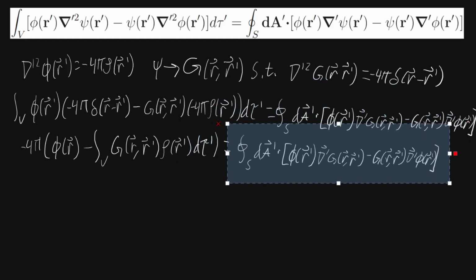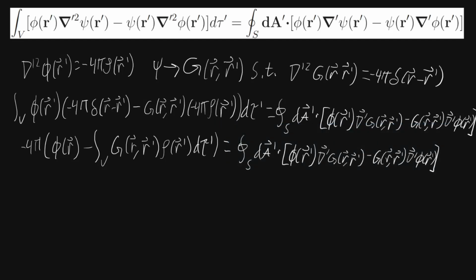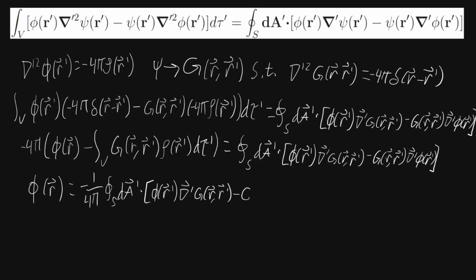All right, and so we have our surface integral, and since we want to just solve for phi of r, we can isolate it by first dividing by negative 4 pi, and then adding this to the other side, and then we find that phi of r is equal to negative 1 over 4 pi times the surface integral of dA prime dotted with phi of r prime times the gradient of the Green's function, subtracting the Green's function times the gradient of phi, and this is going to be added with this volume integral here.